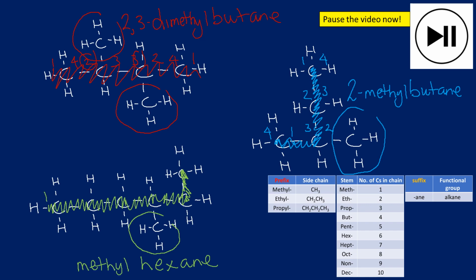Where is it on the chain? We've got 1, 2, 3, 4, 5, and 6, or 1, 2, 3, 4, 5, and 6. So it's either 3 or 4, we call the lowest number, 3 methyl hexane.